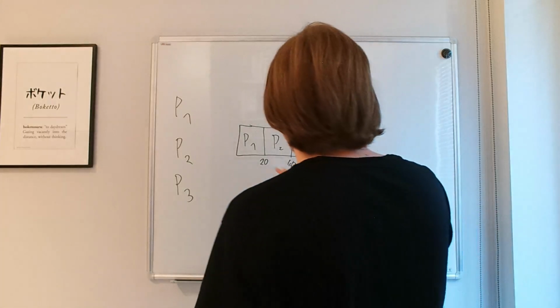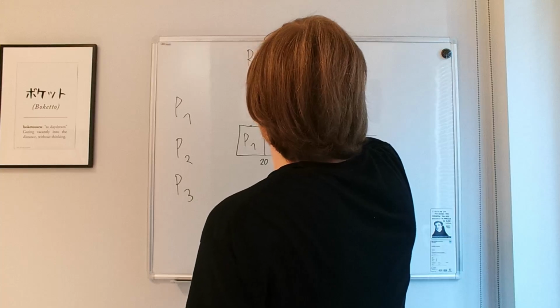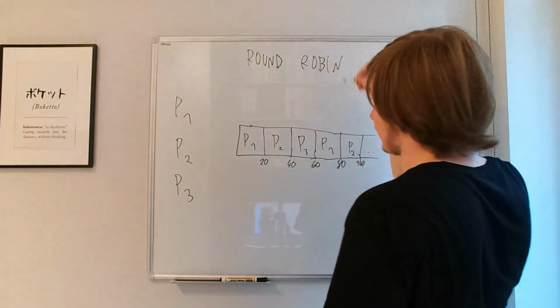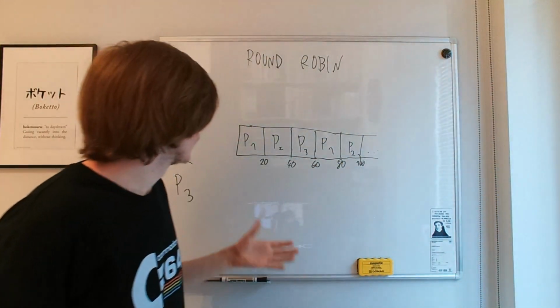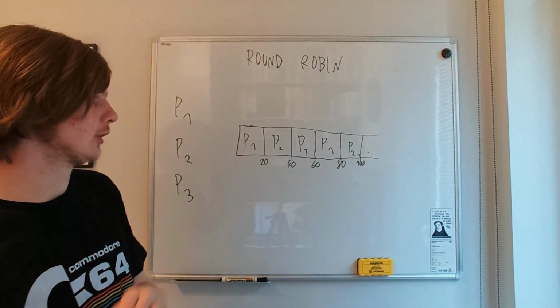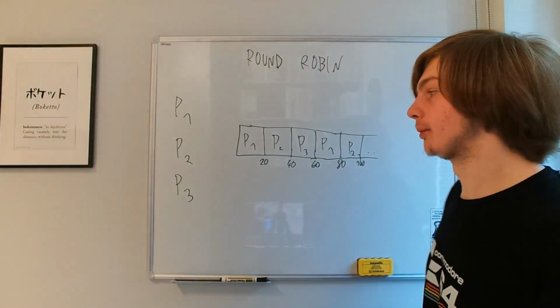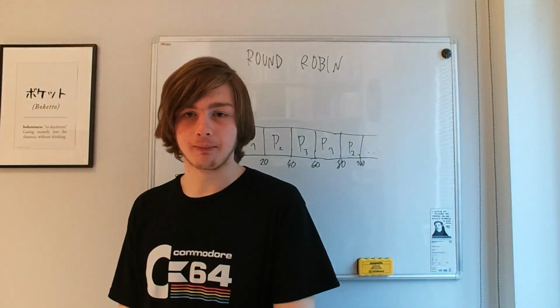And if you do it in exactly this fashion, this is something called a round-robin scheduler, often abbreviated to RR. You could obviously play around with this and, for example, introduce priorities, right? And based on the priority, you could give it less or more CPU time.